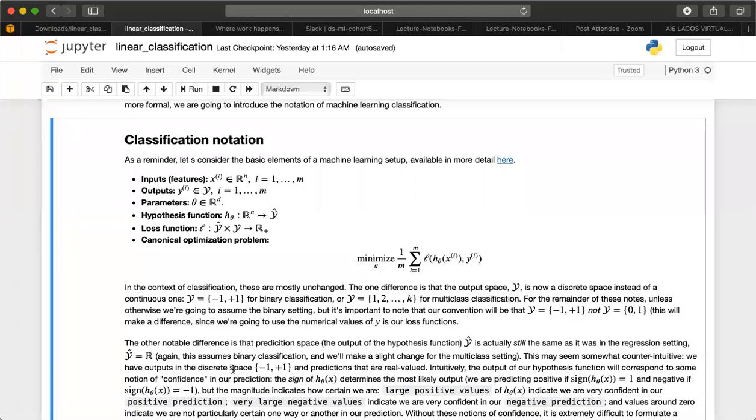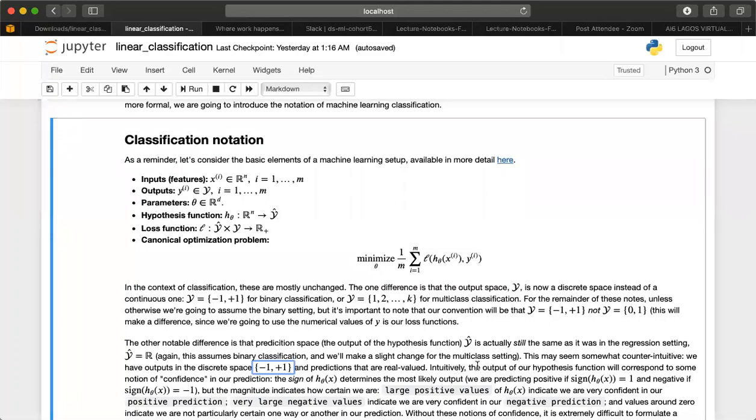We have outputs in the discrete space, -1 and +1, so unlike in some other examples where you would have 0 and 1, here we have -1 and 1, and the predictions are real valued.